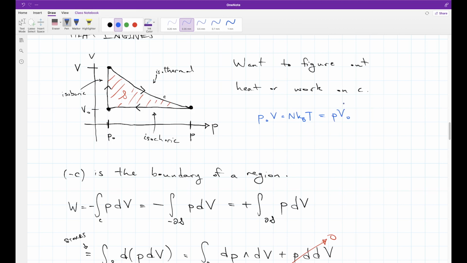So we should choose some of these to be independent variables and others to be dependent. Let's, for instance, just to make our lives a little bit easier, choose P naught to be independent and P to be independent. And let's also choose V naught to be independent. And then that will determine V. Okay.